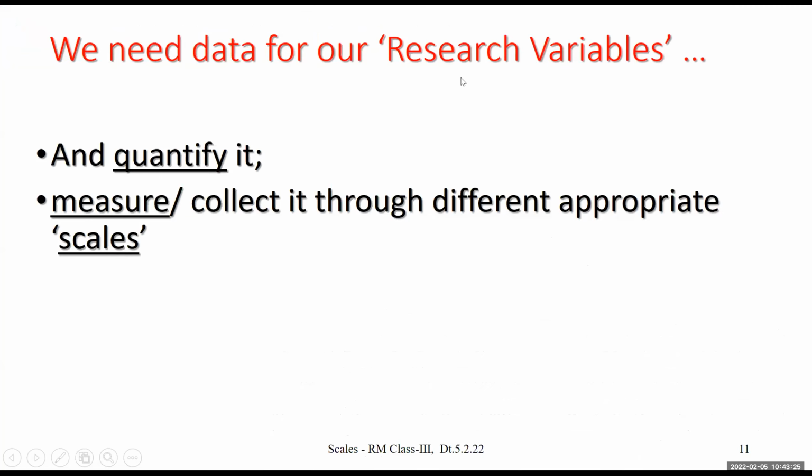So for every research, as you recall from the summary of the last class, we need data for our research variables. Once you find your concept or construct, then you define your variables, you quantify them, and you measure or collect by using appropriate scales.